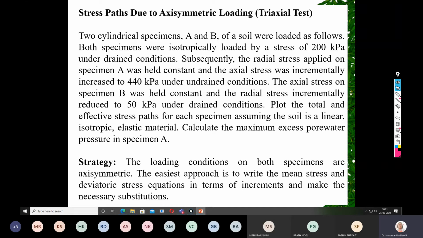Until then, there was no pore water pressure developed. From there onward, the 200 kilopascals was kept constant in the axial direction, but in the radial direction it was reduced. At the same time, drainage was allowed, so no pore water pressure develops.